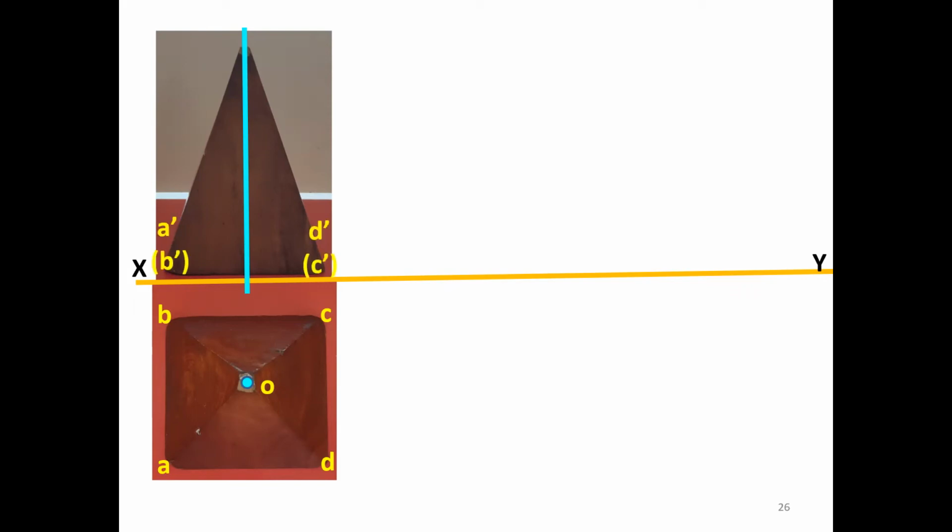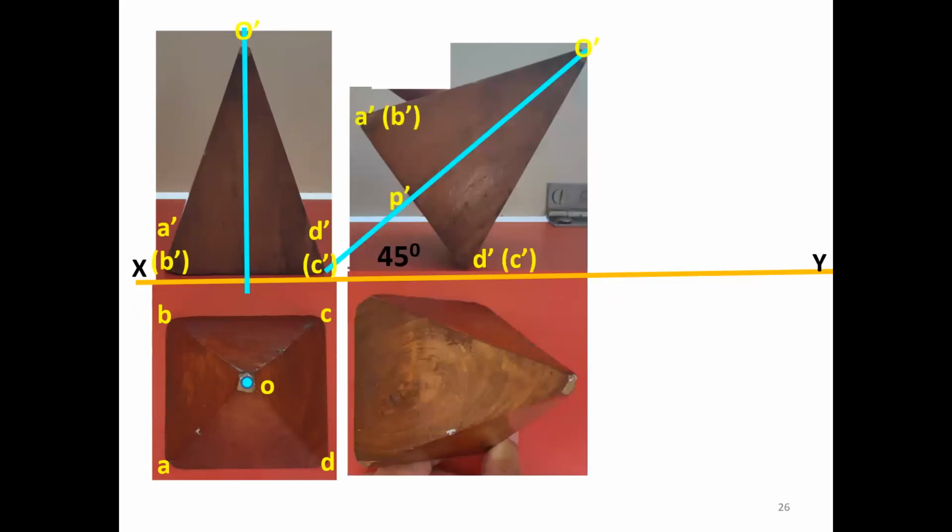In the second case, we are tilting the axis to 45 degrees with HP such that the base DC and the corresponding C dash D dash in the front view are on the horizontal plane. In this situation, the axis is inclined 45 degrees and the base D dash C dash is on the horizontal plane, and the axis is parallel to VP in the top view.